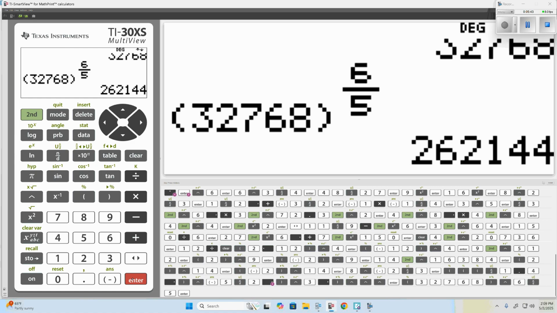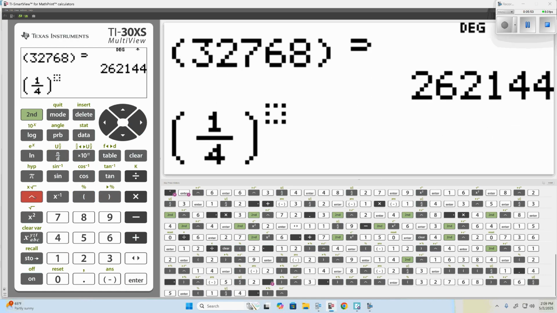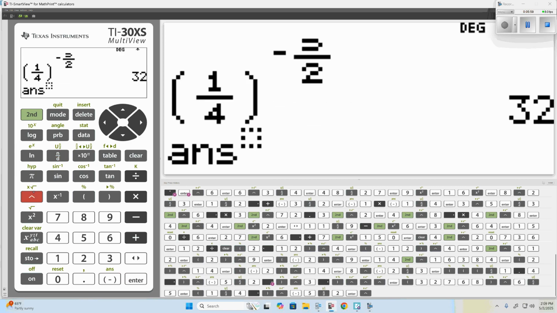Because again, when we apply powers, we always work from the inside out. So we start from the middle and go out. Another way we could have done this is started with the first one, which is 1/4, and we said it was to the negative 5 halves is 32. Now I hit the exponent key, so it says A and S. A and S is the previous answer. Well, our previous answer was 1/4 to the negative 5 halves, so our 32.